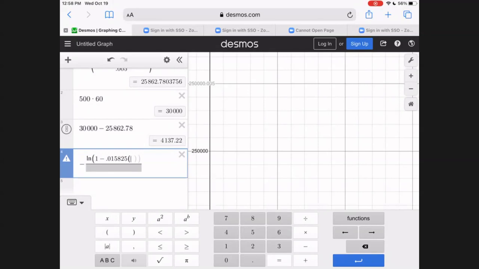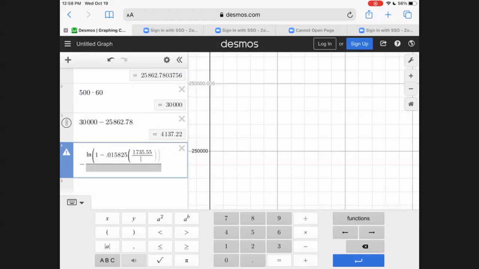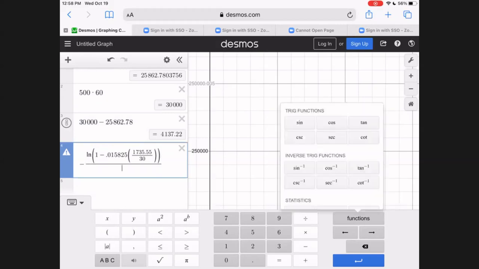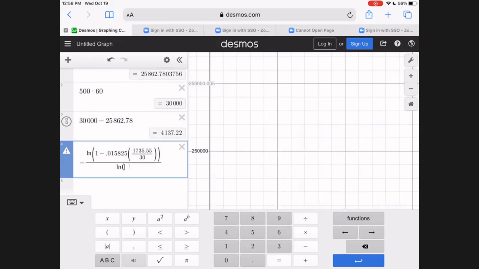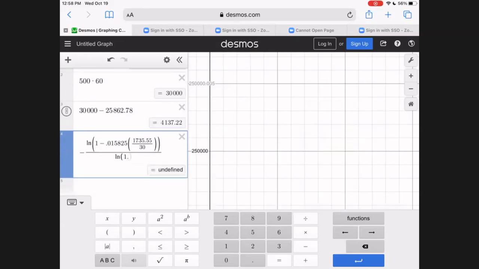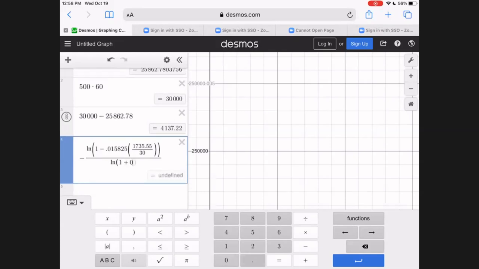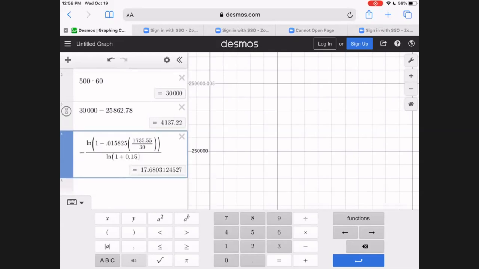Your present value is what's owed on the card. Divided by payment, $30. Then go to the right, close that, close the other parentheses, and on your denominator, go to functions again, do natural log, and then do 1 plus 0.015825.